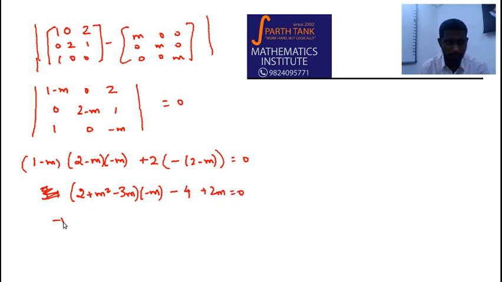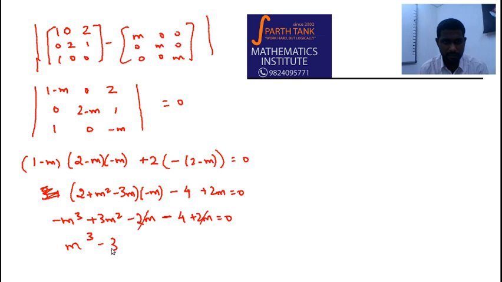Simplifying further, minus m cubed plus 3m squared minus 2m minus 4 plus 2m is 0, or since these two cancel each other, m cubed minus 3m squared plus 4 is 0, right?